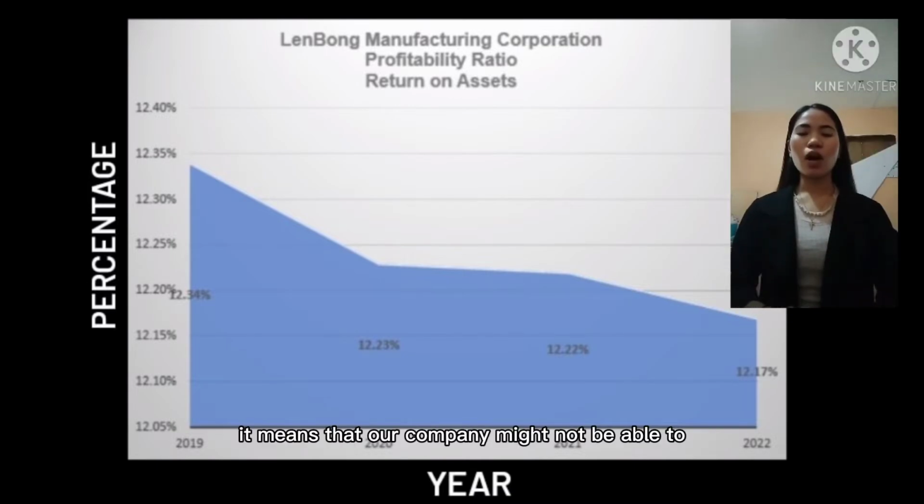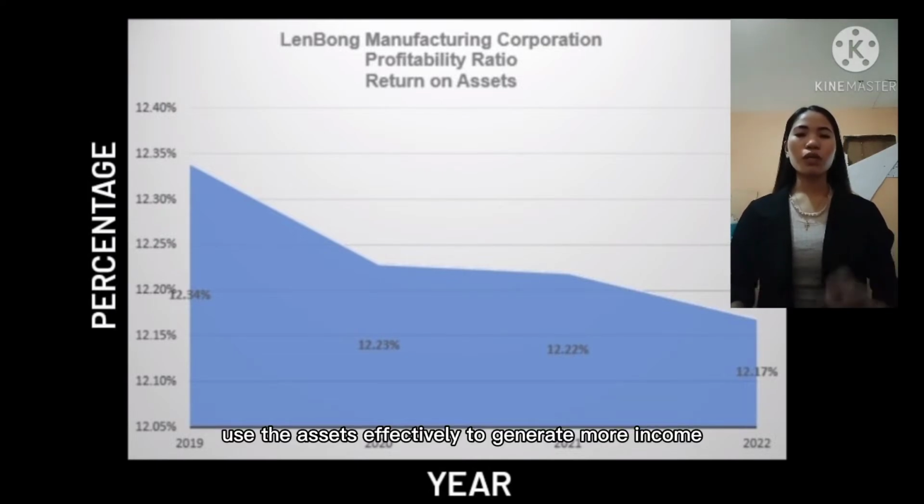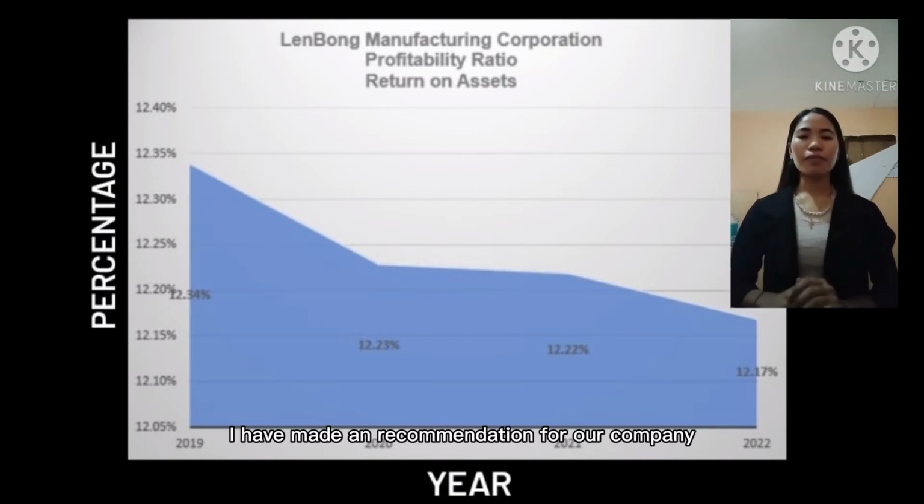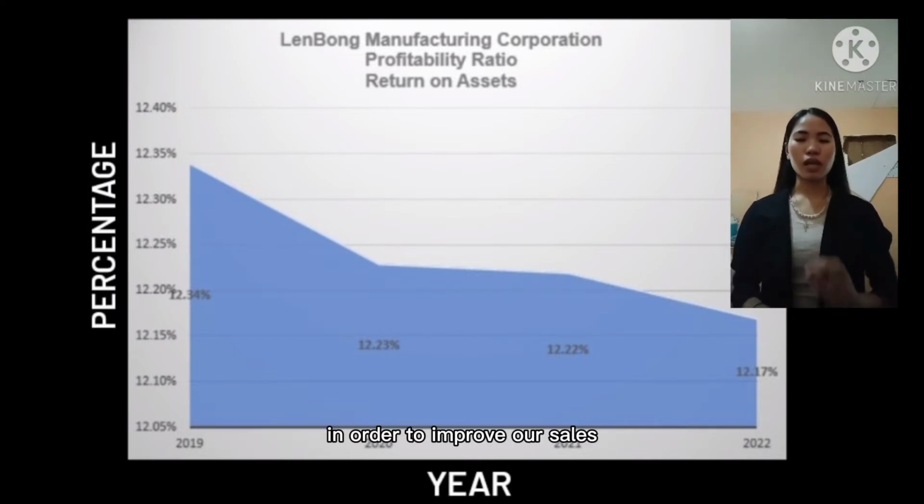It means that our company might not be able to use the assets effectively to generate more income, or might be because we also have trouble during our production. I have made a recommendation for our company in order to improve our sales.